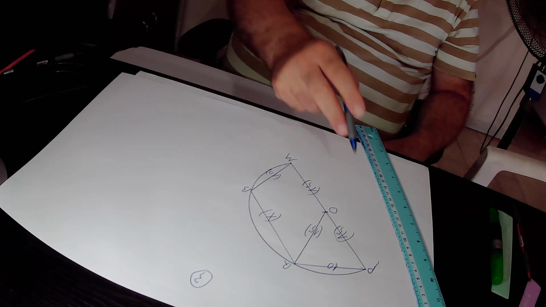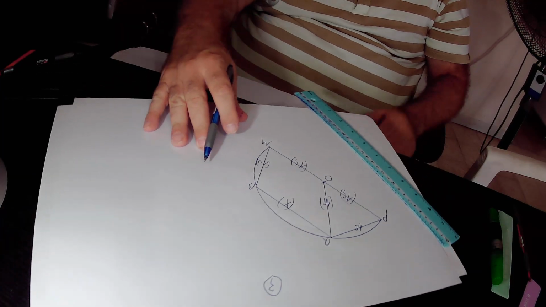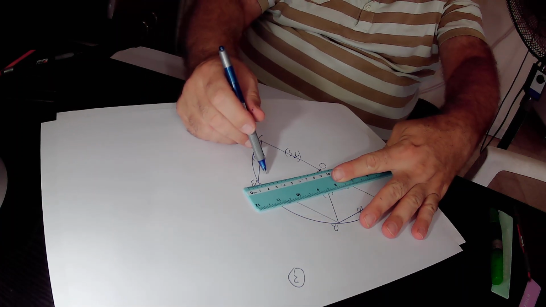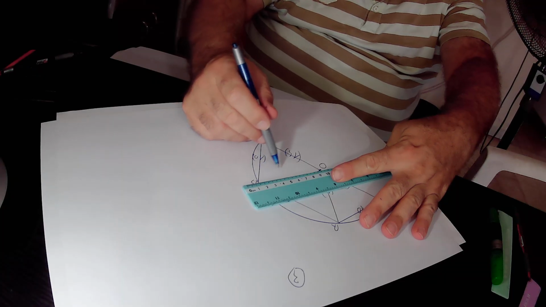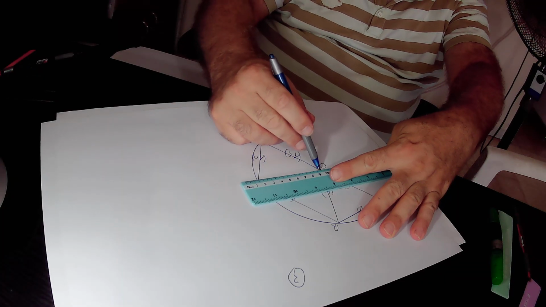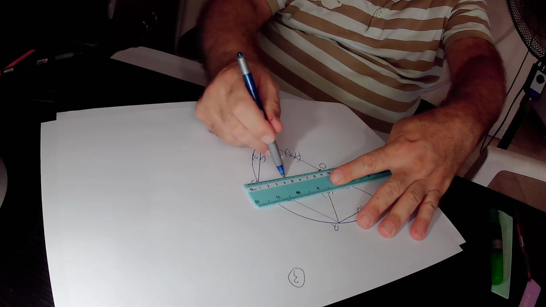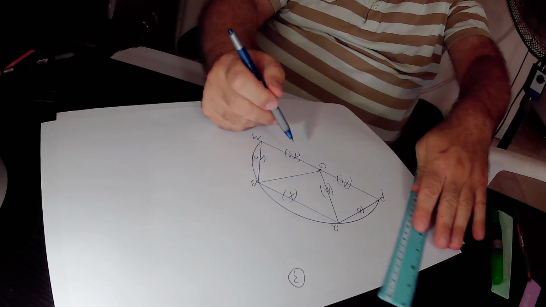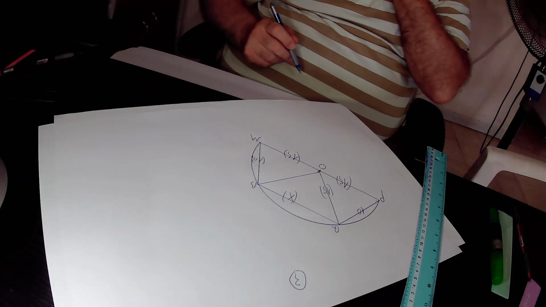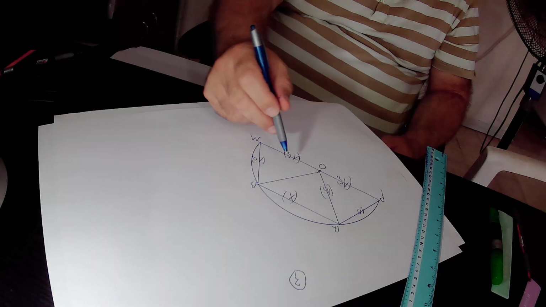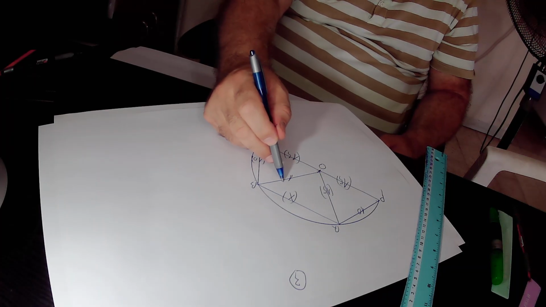Likewise, we join points O and B together by a straight line. OB is of course the radius of this semicircle, which is equal to 15 units in length.